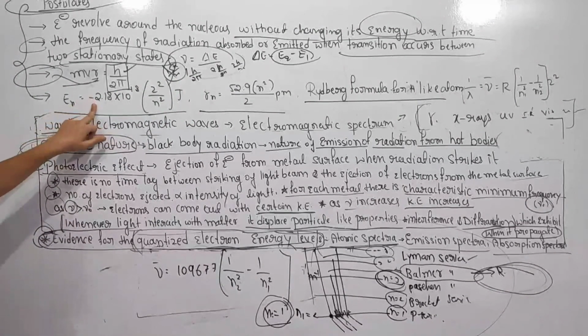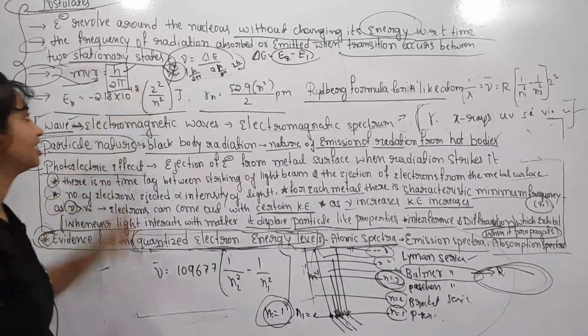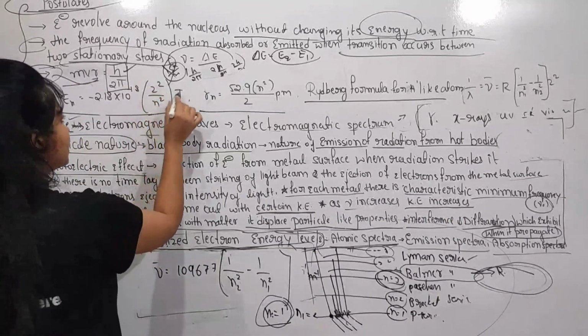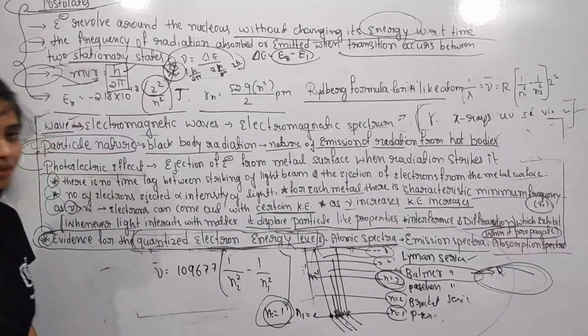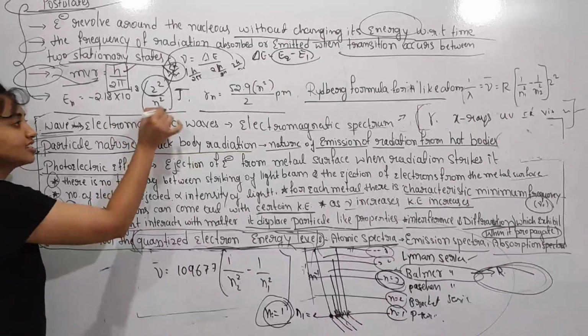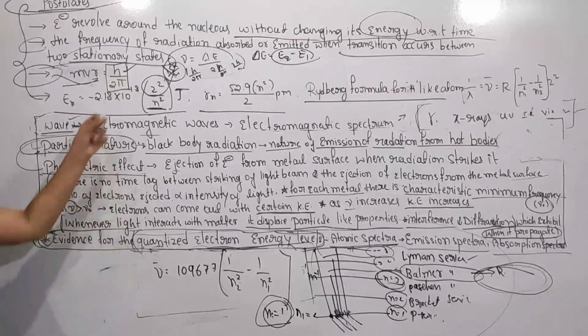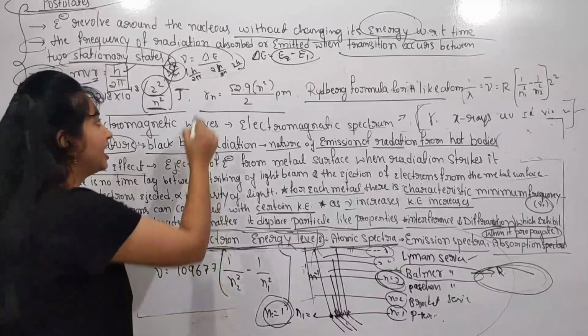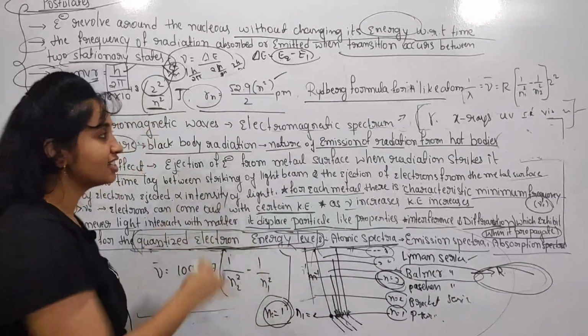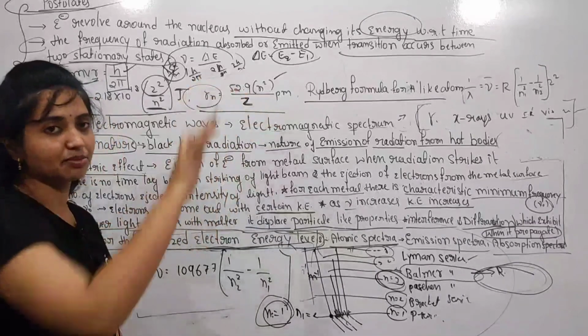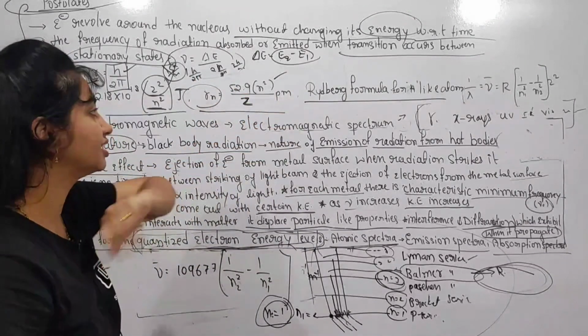En is equal to minus 2.18 into 10 raised to minus 18 Z square divided by n square joules. Z is the atomic number, n is the energy level or principal quantum number, and rn is 52.9 n square divided by Z picometers.